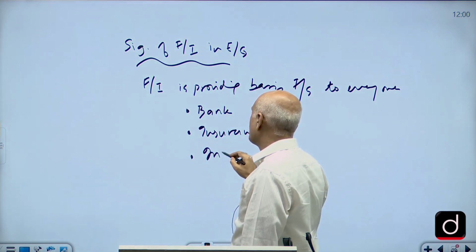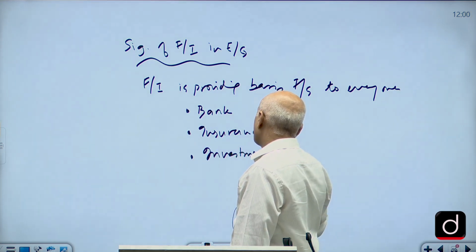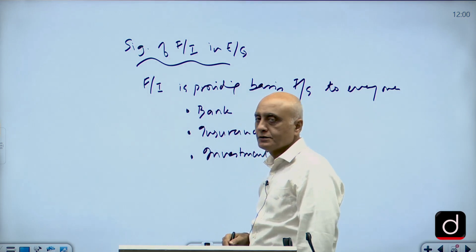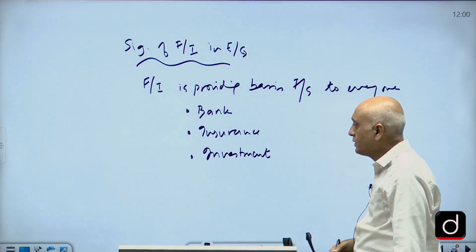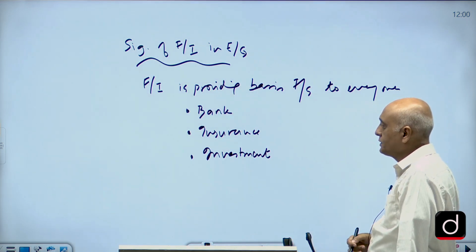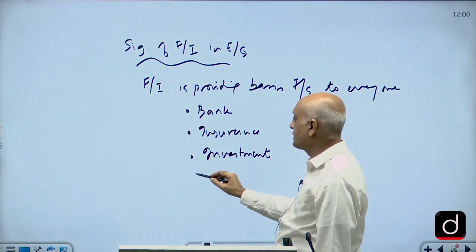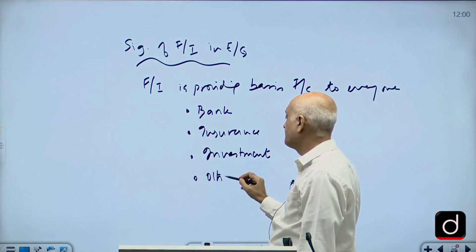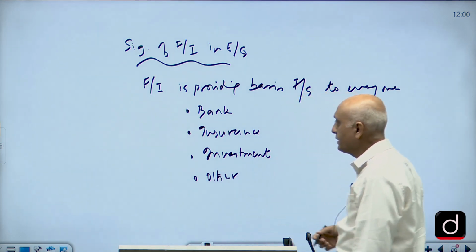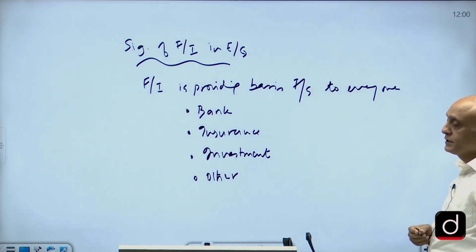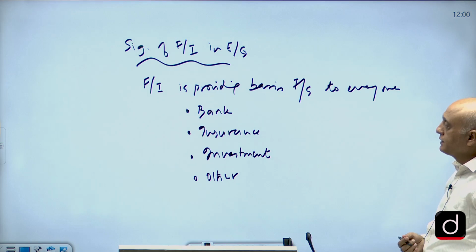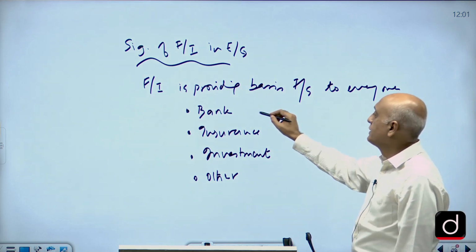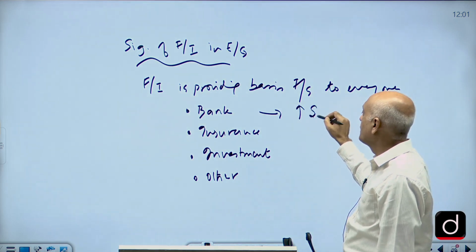They should have access to some kind of investments. When they have their surplus, they should be able to put that surplus in a system, and then other financial services which people expect, like pension or anything. So this is what financial inclusion is. So now, point by point, you can discuss that when there is a bank account for everyone, then most of the savings will come into the economy.